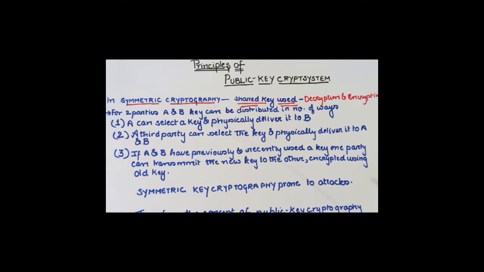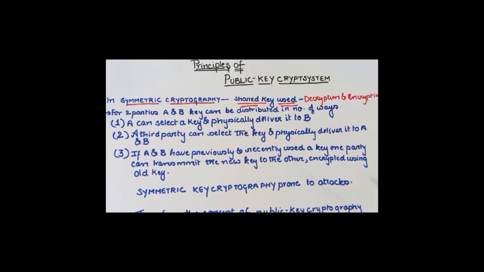But how do we come to a decision that this is the key that we're going to use? There should be a distribution method. So today we'll be discussing how the shared secret key is distributed among the two parties, A and B. A may be referred to as the sender and B as the receiver here.